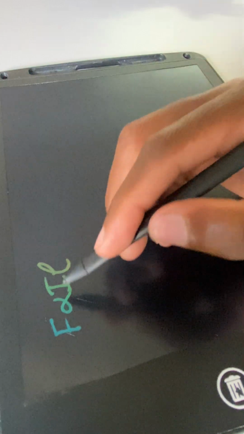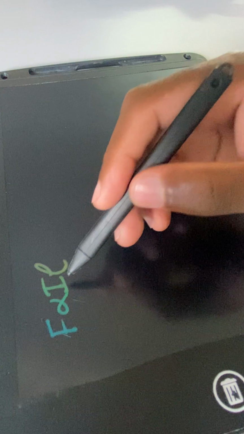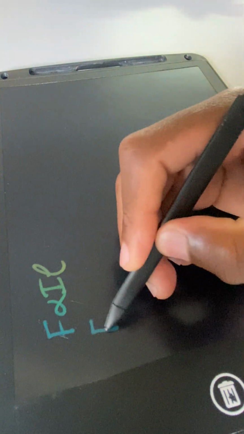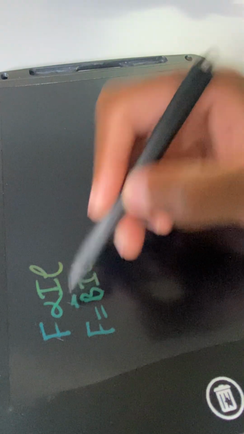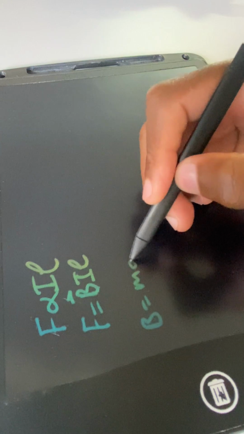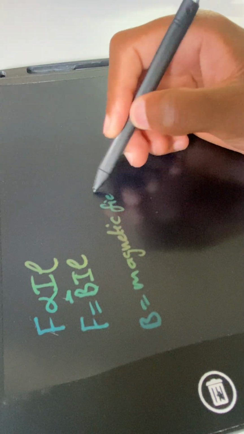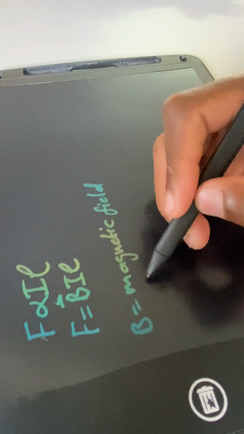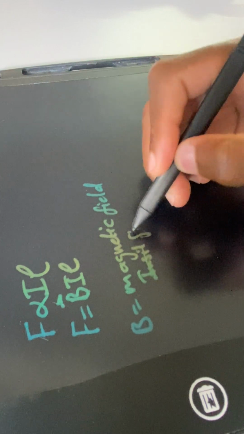Since these two are proportional, if we want to create an equation, we need a constant of proportionality, and our constant of proportionality is going to be B. We know that B is the magnetic field intensity, or magnetic field strength, which is the same thing.